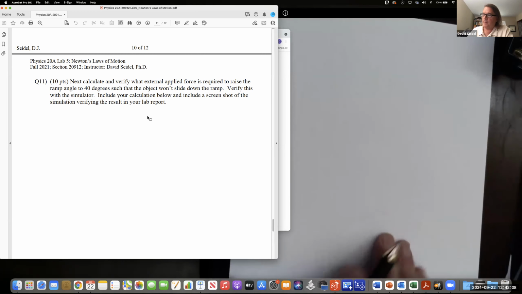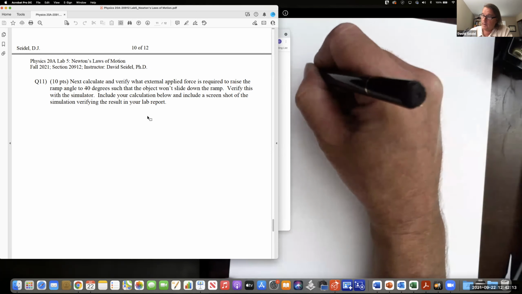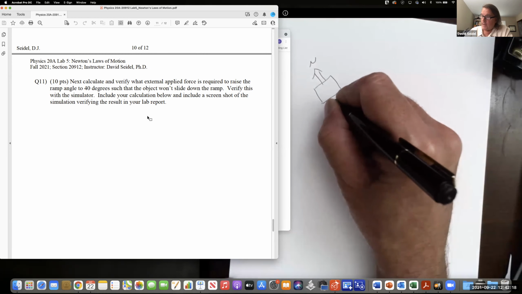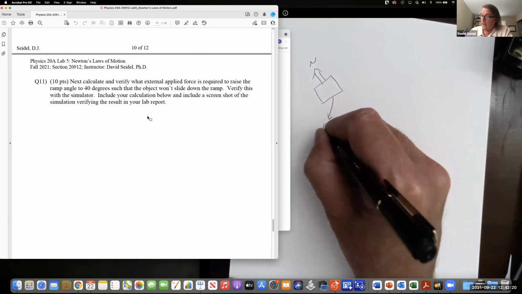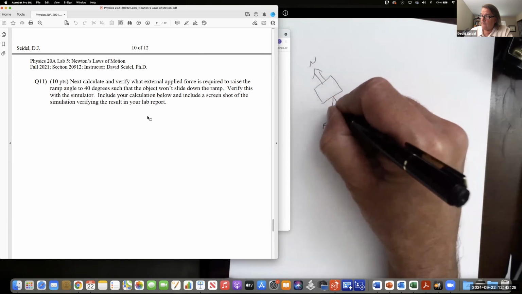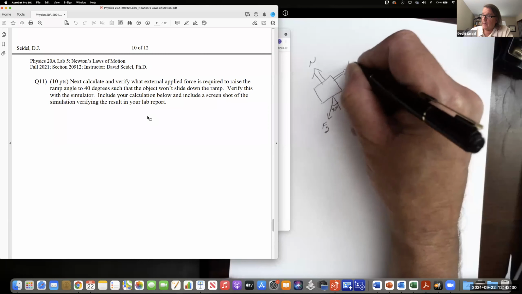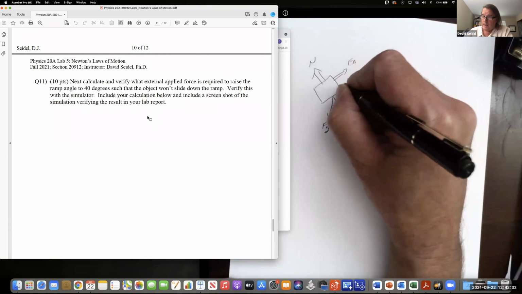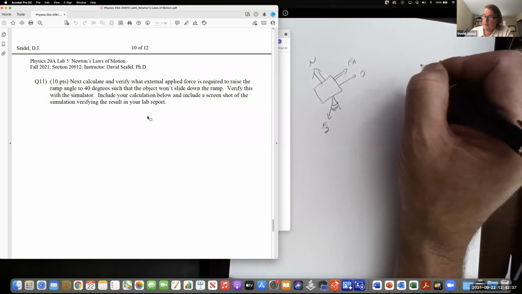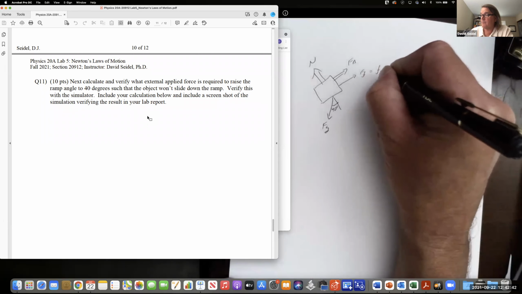So if I draw my free body diagram, I'm going to draw them both on the right. I've got my normal, I've got FG, I've got 40 degrees, I have F applied, and I've got F friction, which equals F static max.